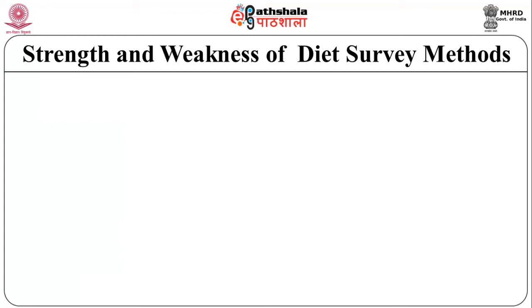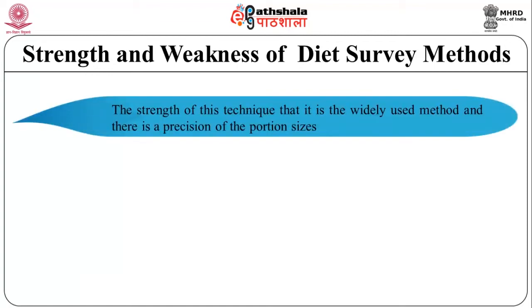Now let's talk about the strengths and weaknesses of the different diet survey methods. First of all, we'll talk about the strengths and weaknesses of the weighed food record. The strength of this technique is that it is a widely used method and there is precision of the portion sizes.